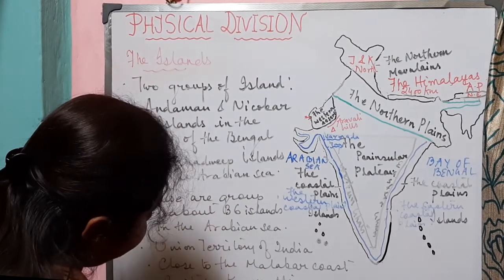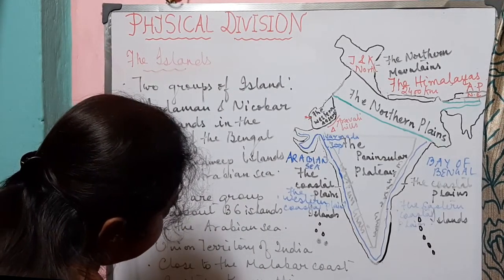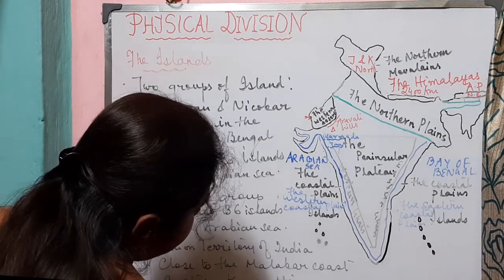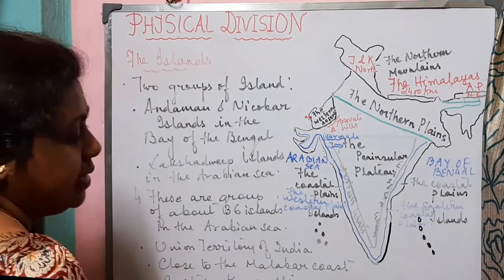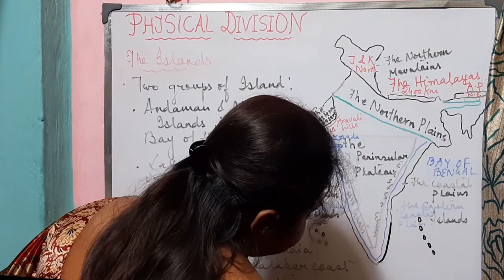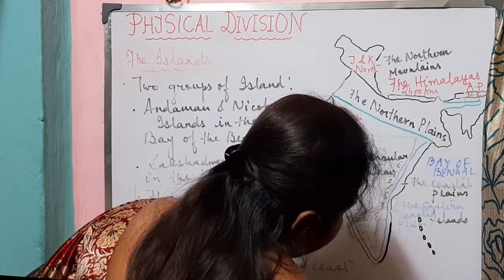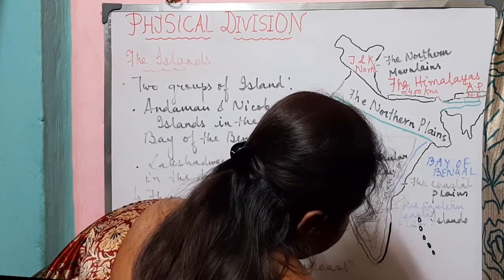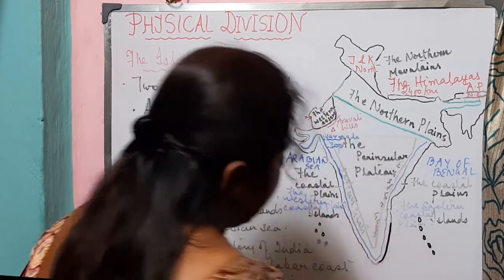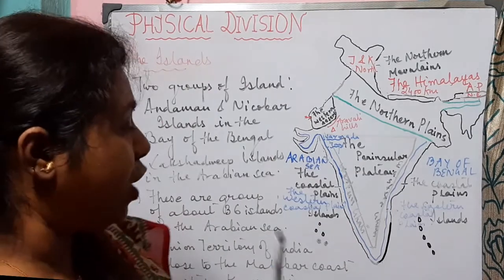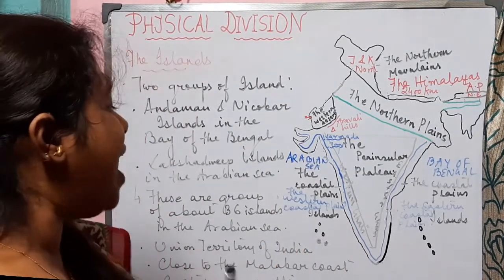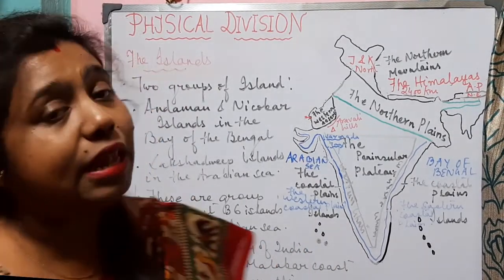The Lakshwadeep Islands are also known as the Coral Islands. Now let us know what we mean by coral and why Lakshwadeep Islands are known as the Coral Islands.